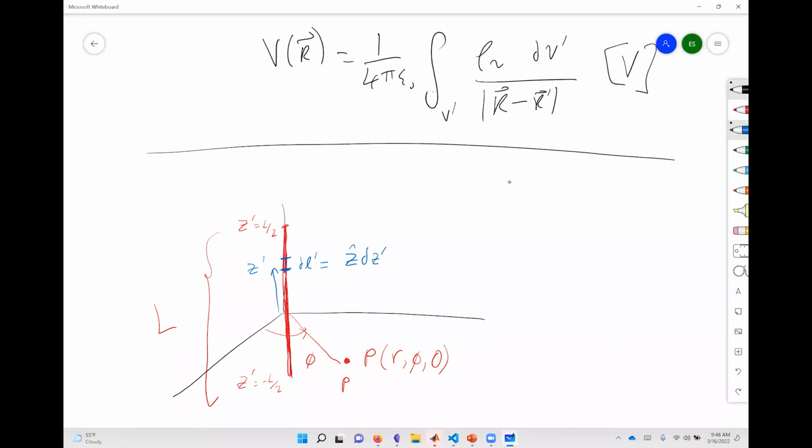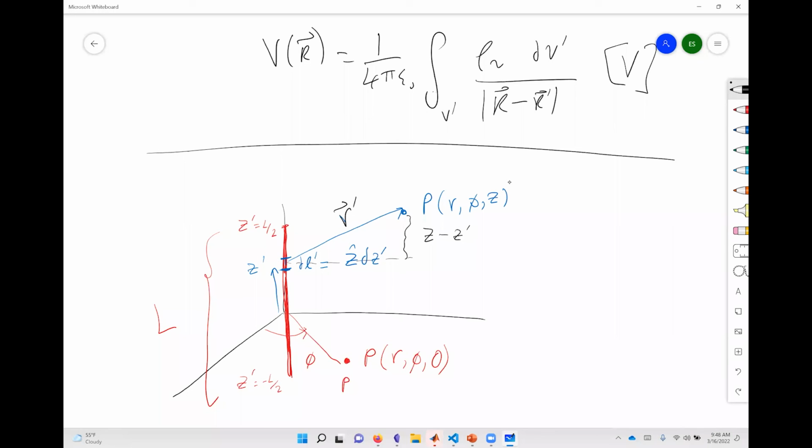It says, can we calculate the potential at the general point in space? So let's say I have a point P, R, phi, z. This is any point in space, right? I guess he's not using R prime, but it should be R prime. And then this distance is Z minus Z prime.